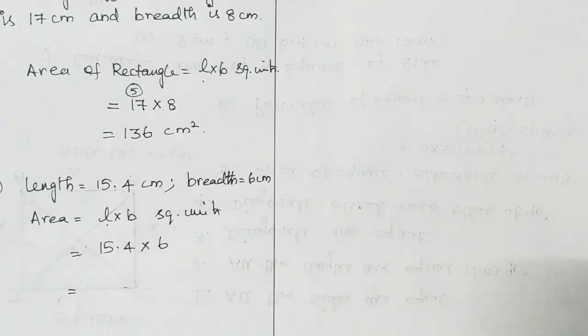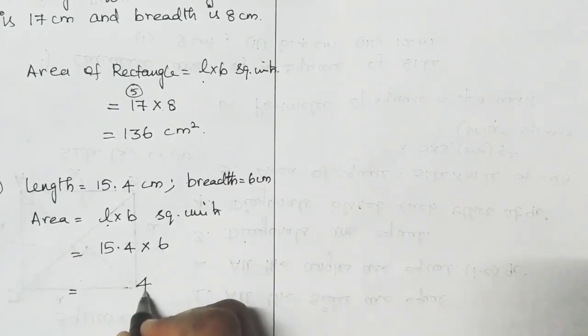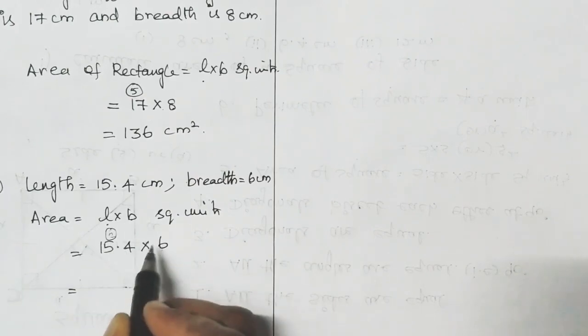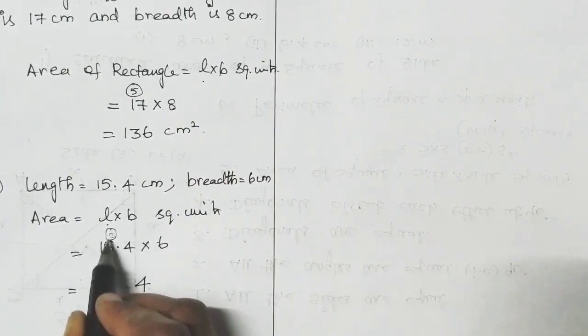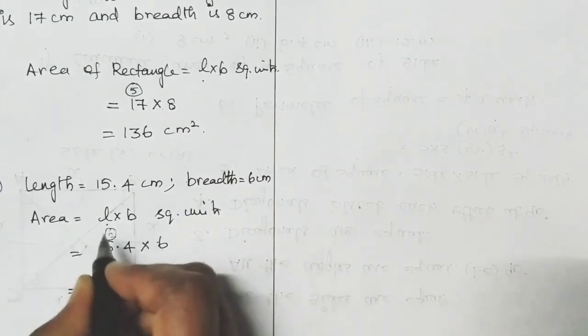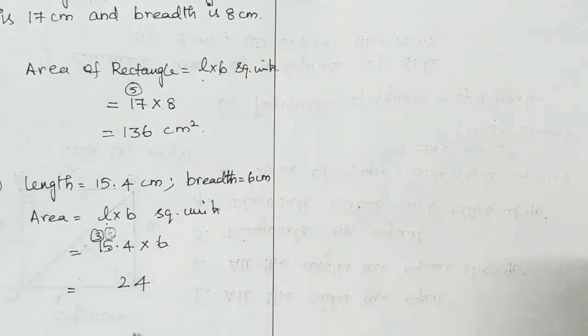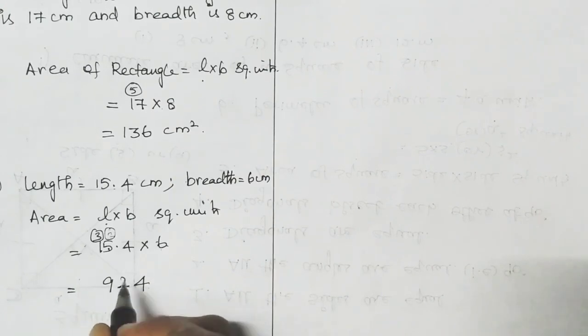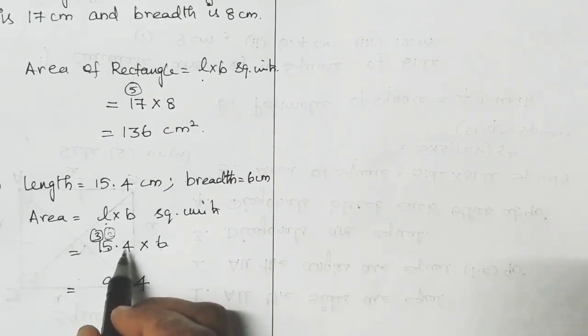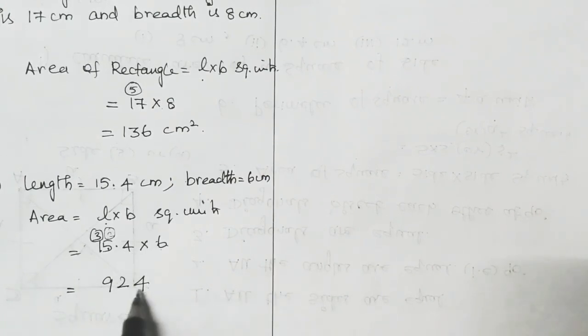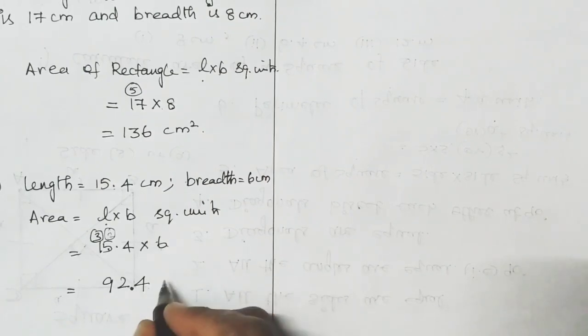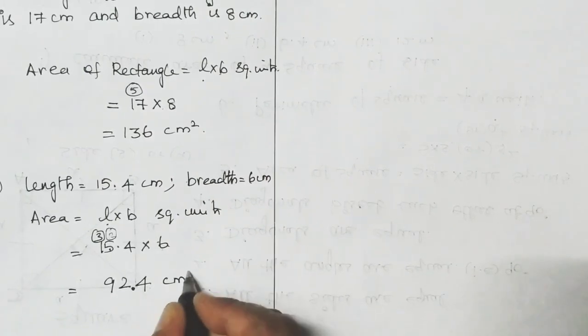Now multiply: 6 4s are 24, 2 carry over. 6 5s are 30. 30 plus 2 is 32. 3 carry over. 6 ones are 6. 6 plus 3 is 9. So how many digits for the decimal point? 1 digit, so keep 1 digit. So it is 92.4 centimeter squared.